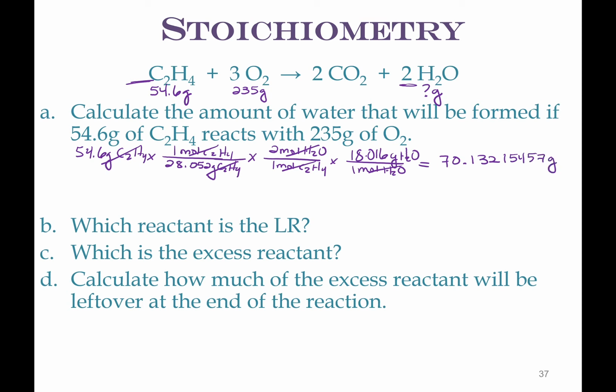grams. And we do it again, but we start with the oxygen. 235 grams of O2. There are 32 grams of O2 for every 1 mole of O2. Every 3 moles of O2, because of the 3, is going to produce 2 moles of water.